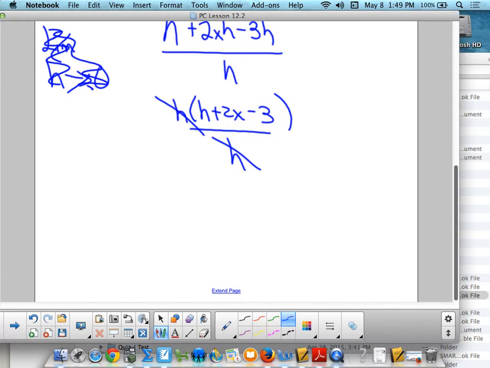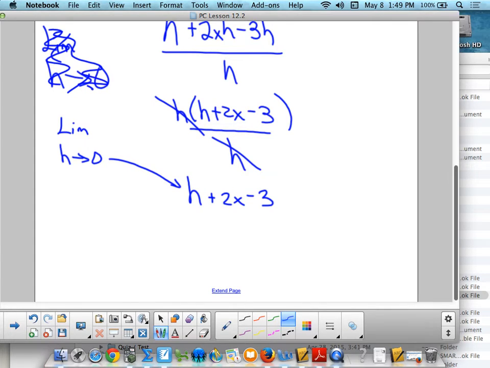And this would be the answer, but I really have to look at your book because I have to make sure it doesn't say the limit. It says h approaches 0. It does say that at the top. Okay. It does say find the limit as h approaches 0 on the top. So here's what you have left. h plus 2x minus 3.